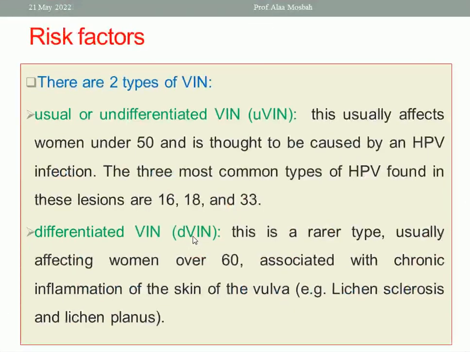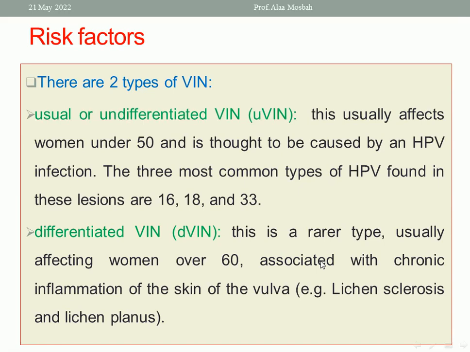So I have two types of VIN: usual or undifferentiated, and the other type is differentiated. The usual one takes the abbreviation UVIN. The differentiated one takes the abbreviation DVIN.